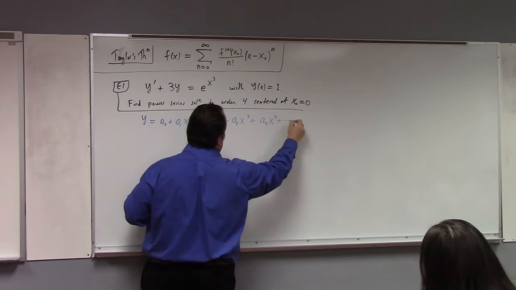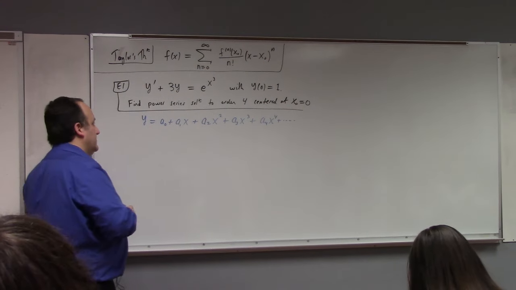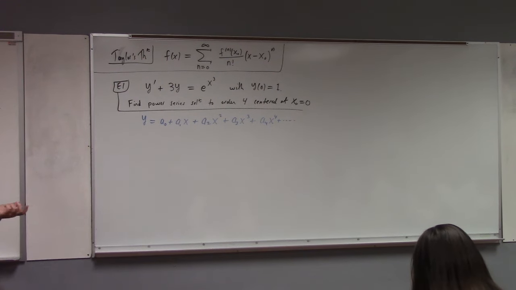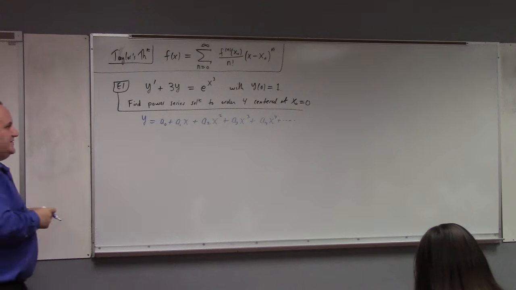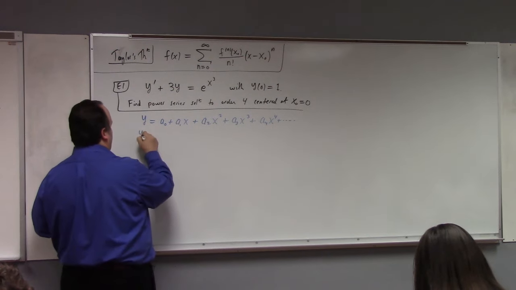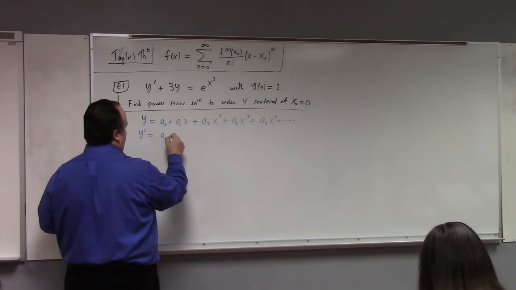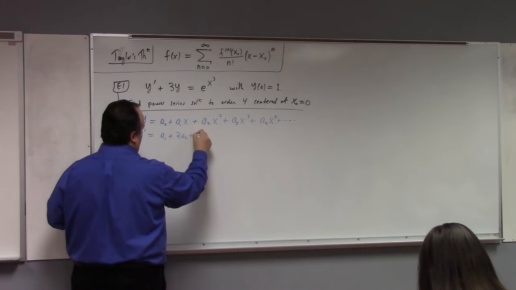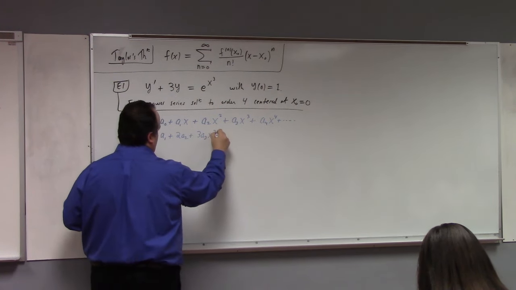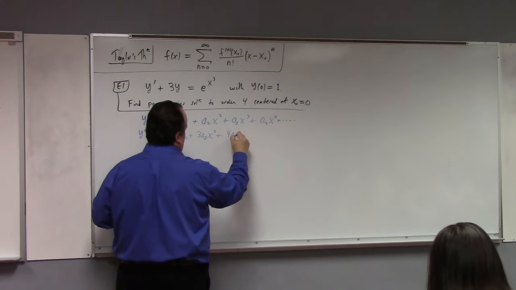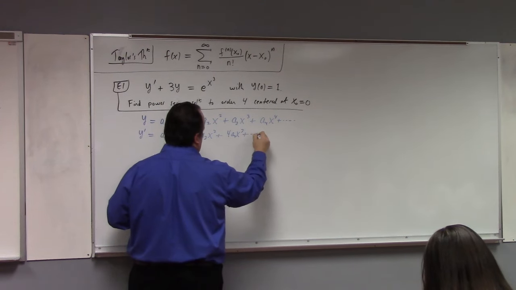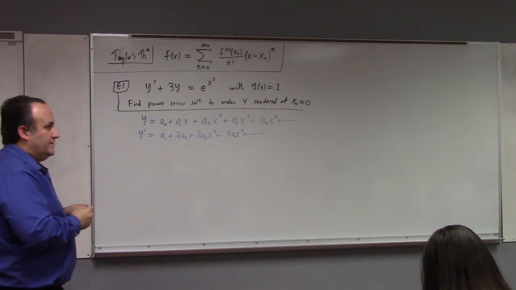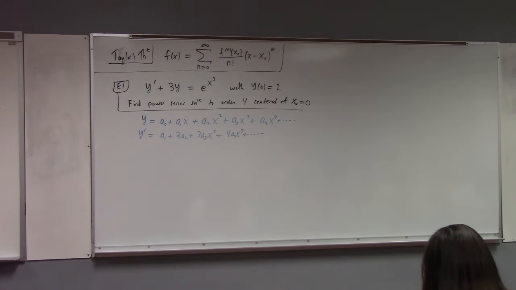There's a power series to order 4. Now I differentiate it, just differentiating term by term. Everybody here can do that, right?